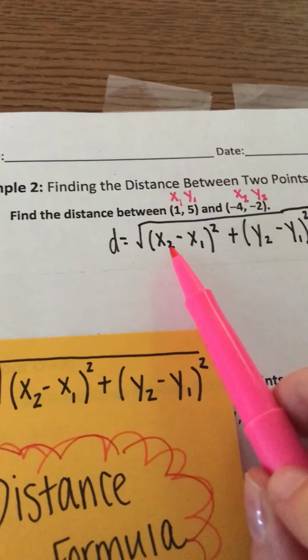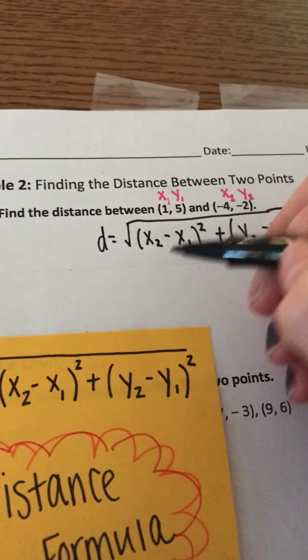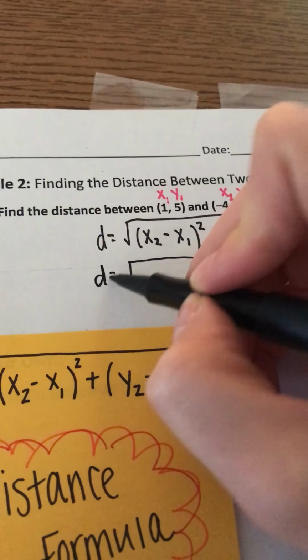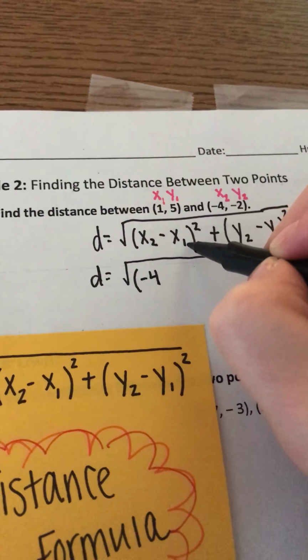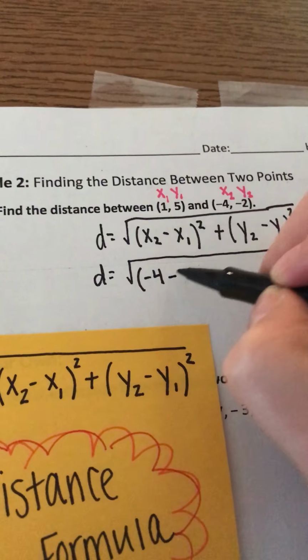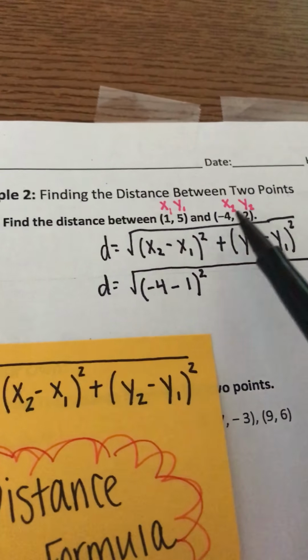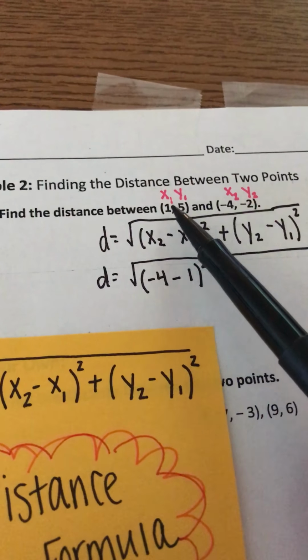So now I'm going to take the second x, which is -4, and I'm going to subtract the first x. And I'm going to square that. So I took the second x, and I'm going to take away the first x.